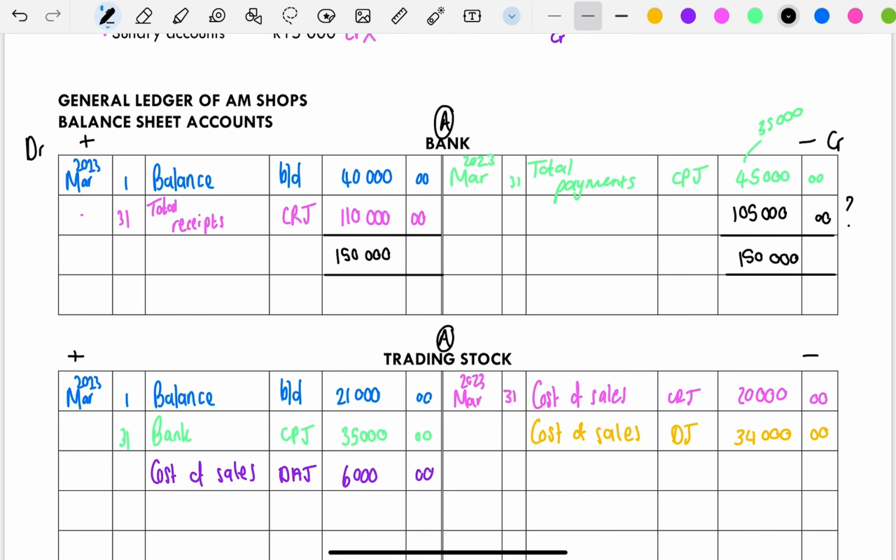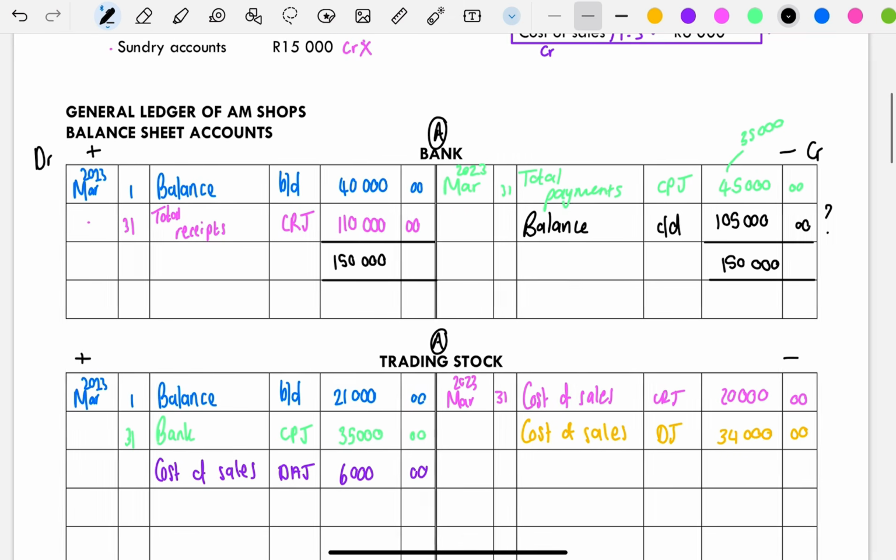That means that 105,000 is the money the business has left over at the end of the month. So that would be the balance that we're going to carry down to the next month. And therefore, if I'm carrying it down 105 at the end of the month, you'll see it's on the negative side. We don't want to show it on the negative side.